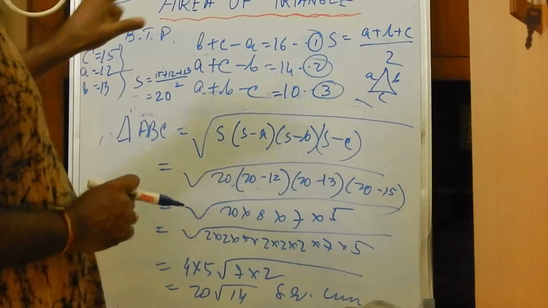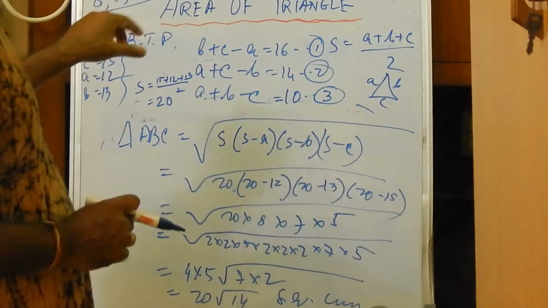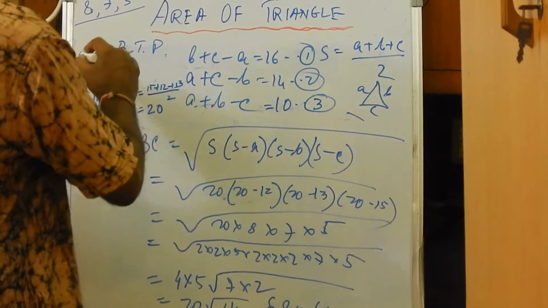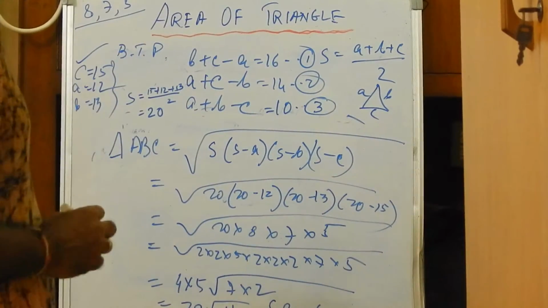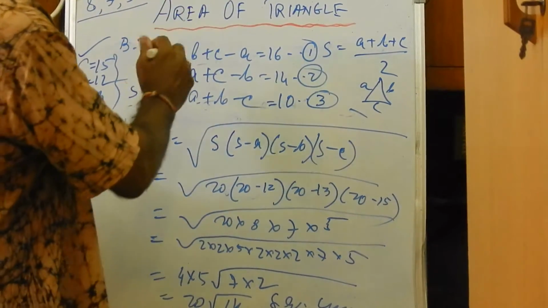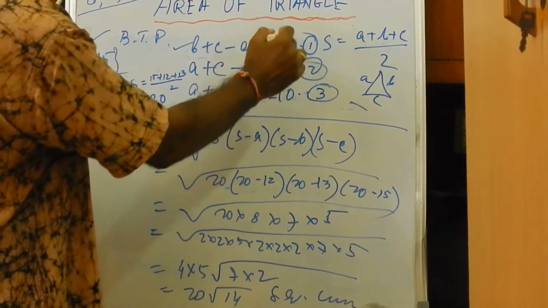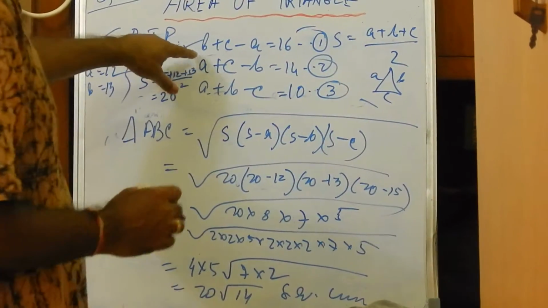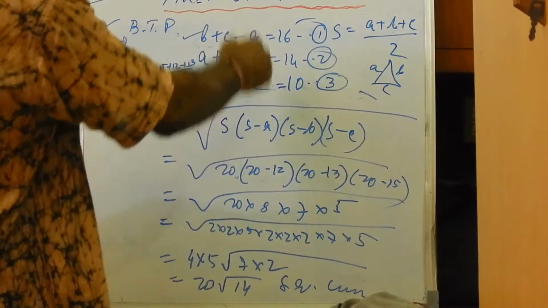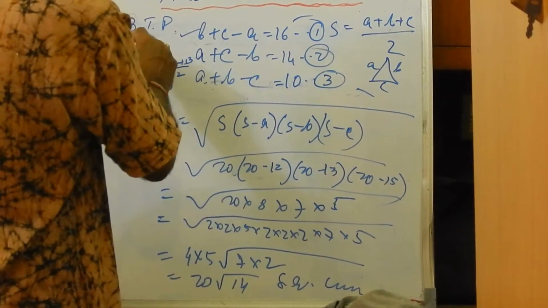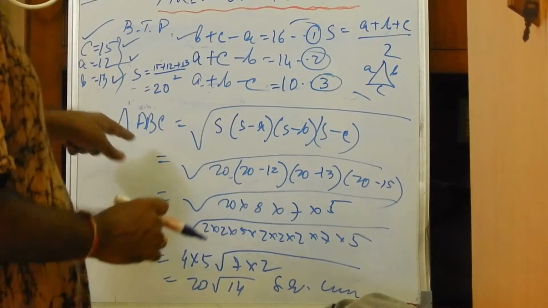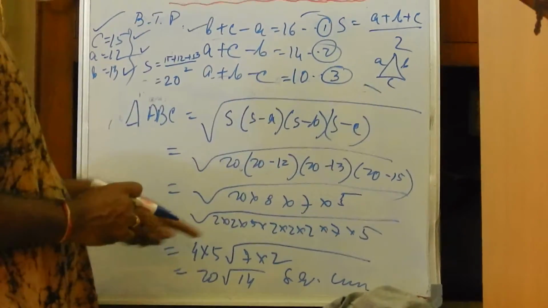So S minus a, a plus b plus c by 2 minus a, equals 8. The first equation we got was b plus c minus a equal to 16, then similarly we got the second equation and the third equation also. By solving, we first got the value of c, then a, then b. So the three sides were known to us, and by simply applying Heron's formula, we got the area of the triangle.